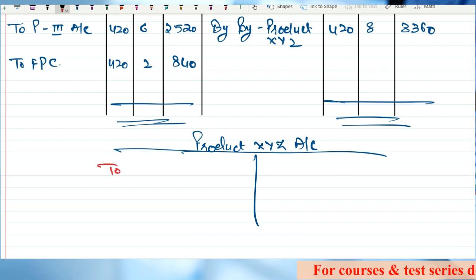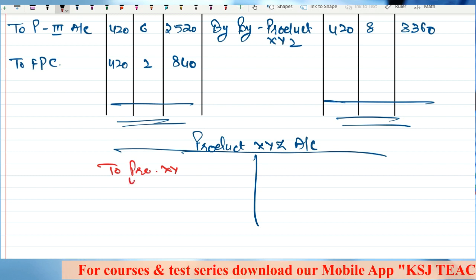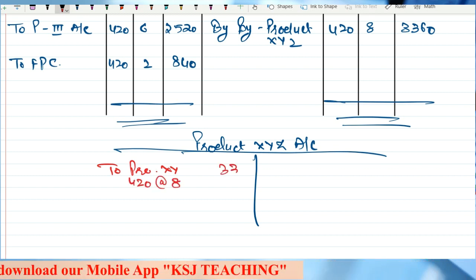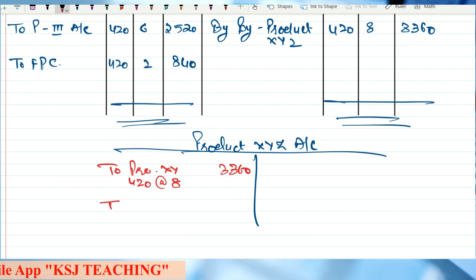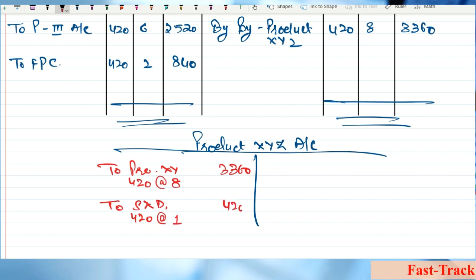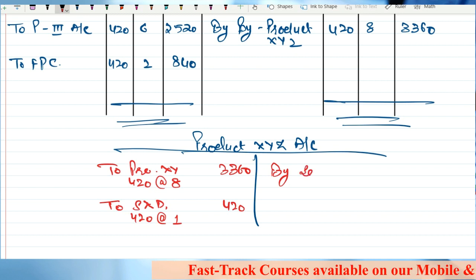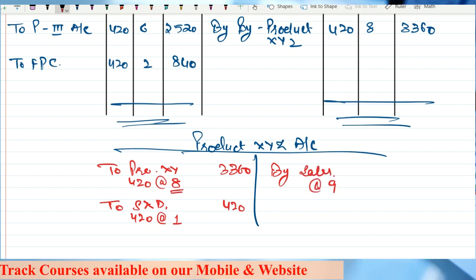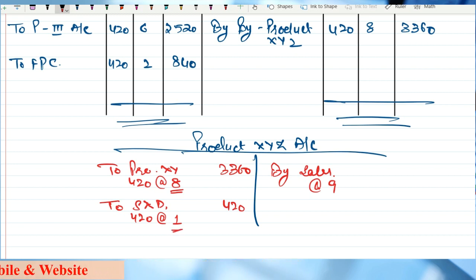So you will write to process XY, right? 420 units at the rate of rupees 8, 3360, and you will incur selling and distribution expenses, 420 units at the rate of rupee 1, 420, right? And by sales, here you will have sales at the rate of rupees 9, 8 rupees total cost plus 1 rupee selling and distribution expenses, 9 rupees, right?